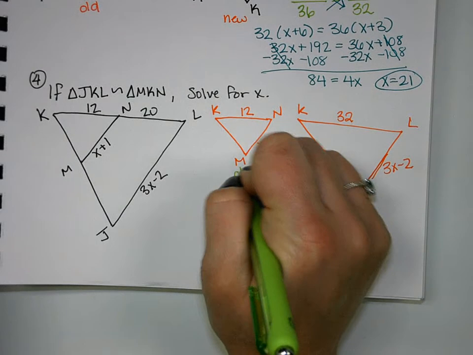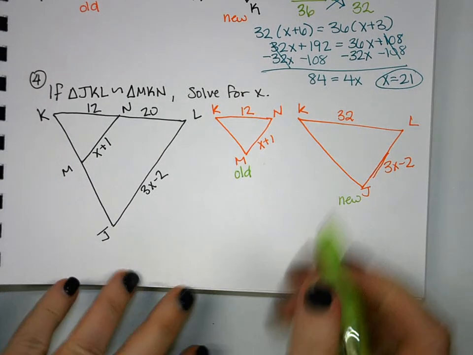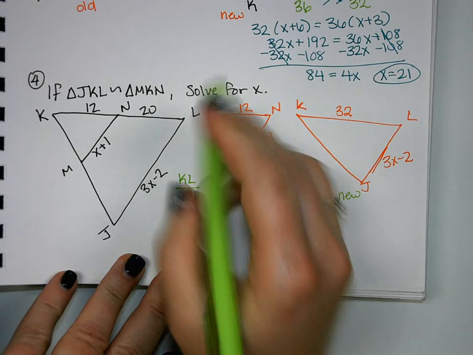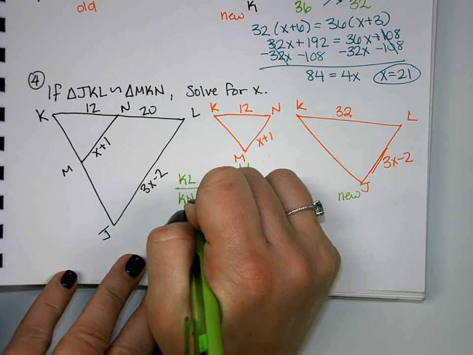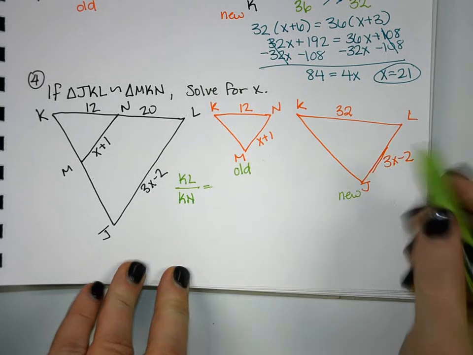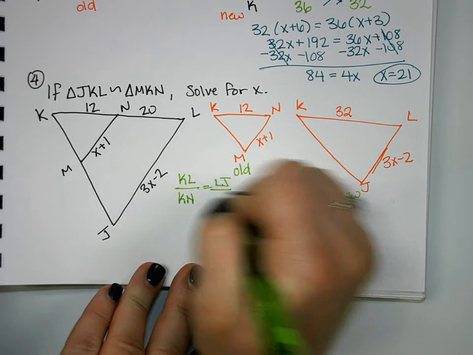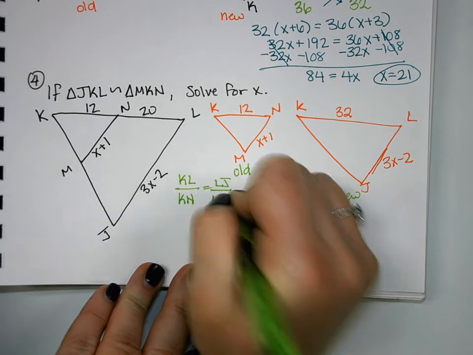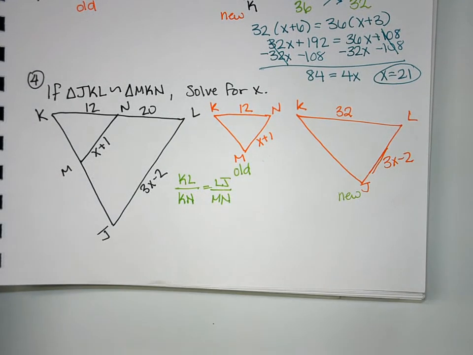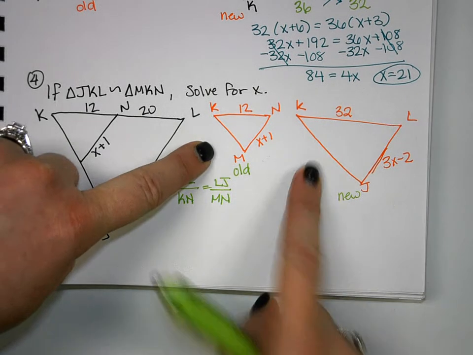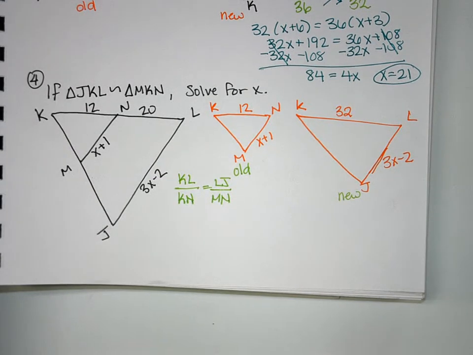So we'll take KL over KN. LJ will go over MN. And then I'm not going to worry about writing that third one, because do we know anything about those two sides? No. So I'm not going to worry about that third one at this point.